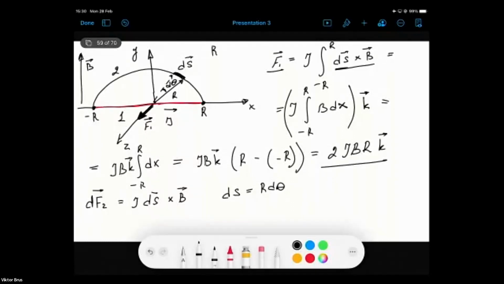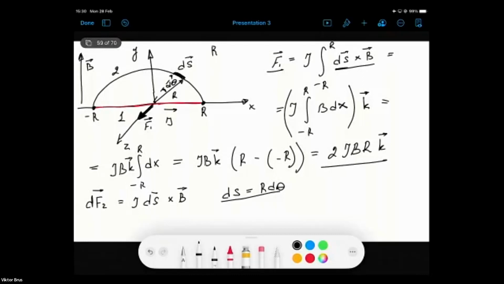So taking this into account and assuming this configuration, we now have a different orientation between the ds vector and the magnetic field vector.